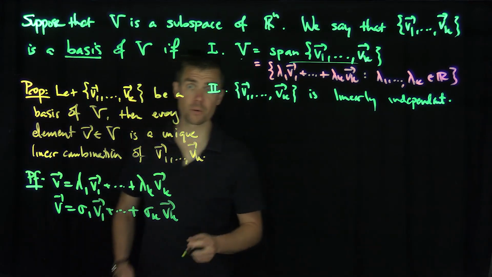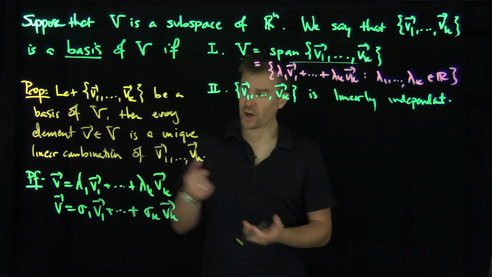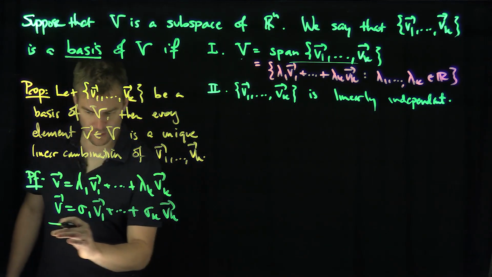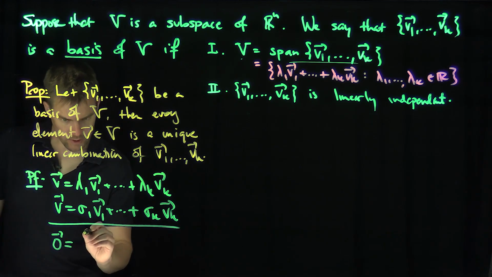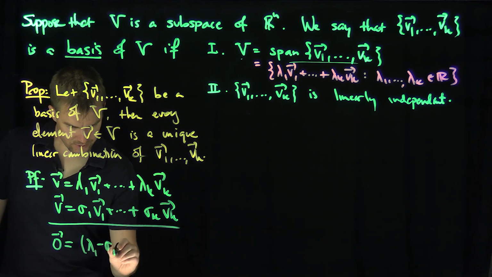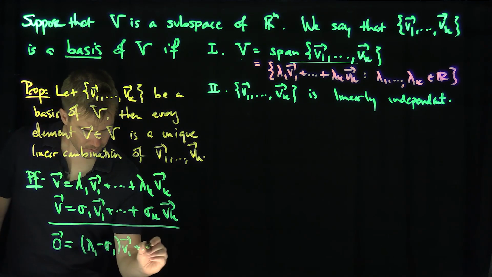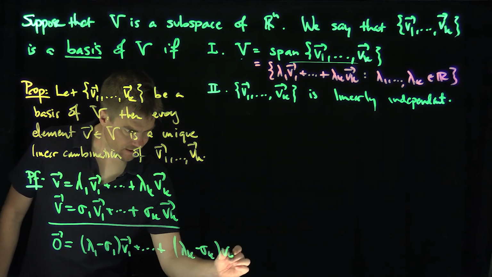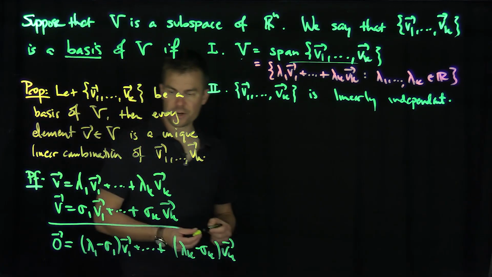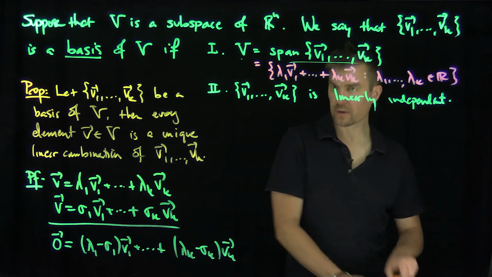So if I had two representations of V in this spanning set, then I can subtract these and get that 0 is (lambda 1 minus sigma 1) V1 all the way down to (lambda k minus sigma k) Vk. And now by the linear independence, I know these things are linearly independent.